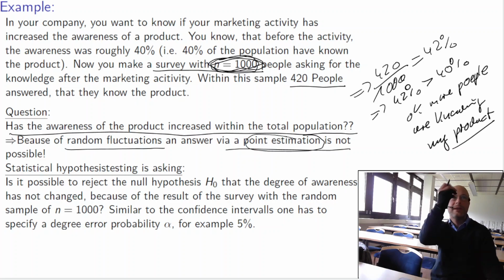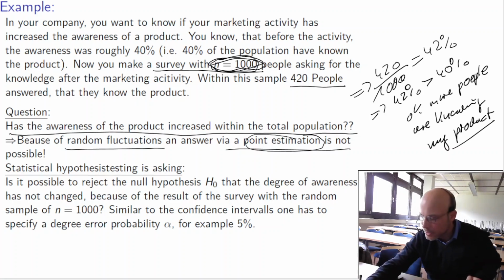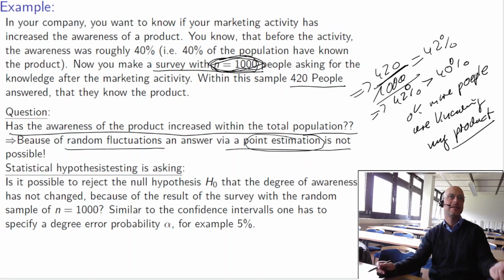And now we take our random sample with 1,000 people and we ask, is it possible to deny this hypothesis that nothing has changed, because 420 people out of 1,000 have answered with yes, and this is obviously larger than 40%.